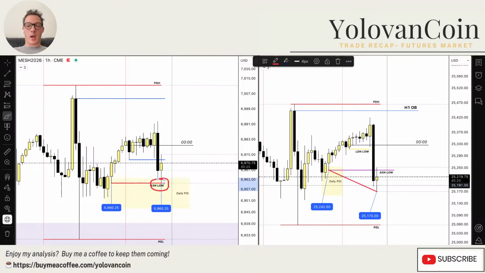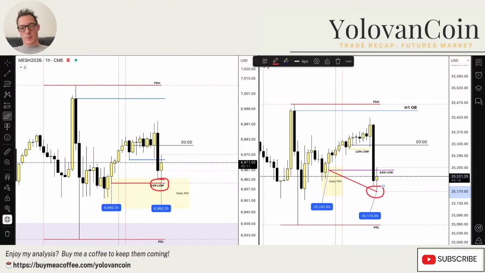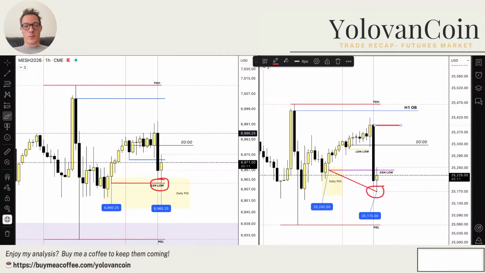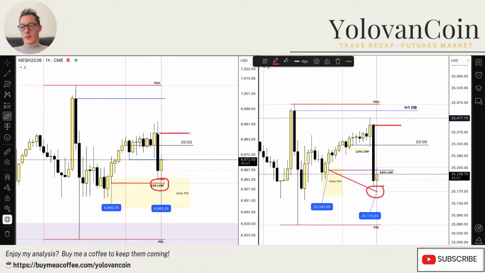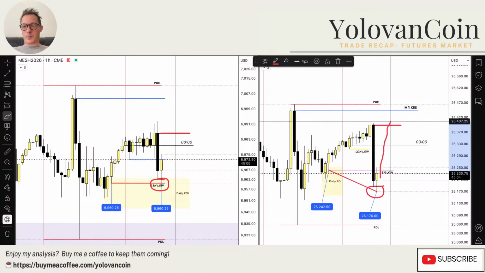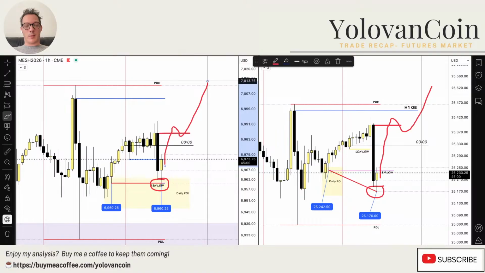Why? Because we have this one already lower. But for this SMT to be confirmed on a 1 hour time frame, and that means a daily change, right? Because we have a confirmed 1 hour changing state of delivery, we want to see this price go and close above this order block.